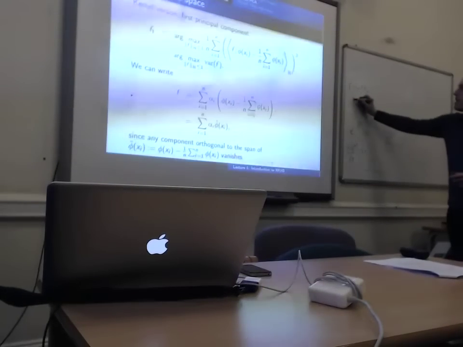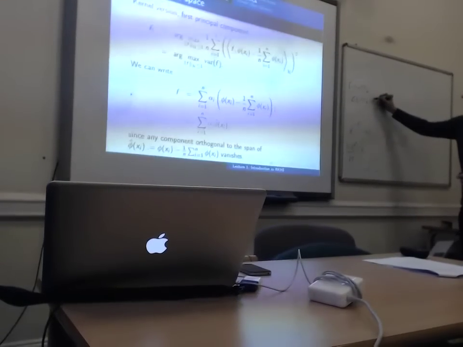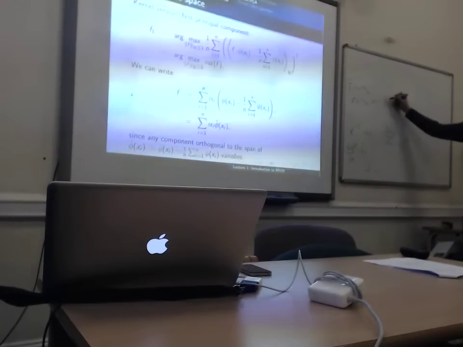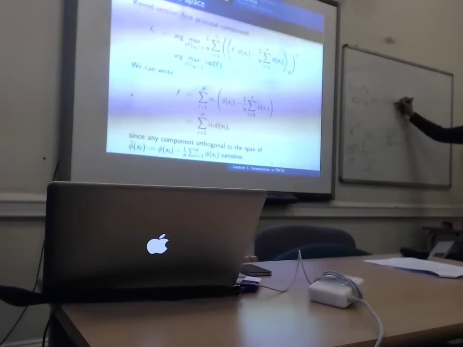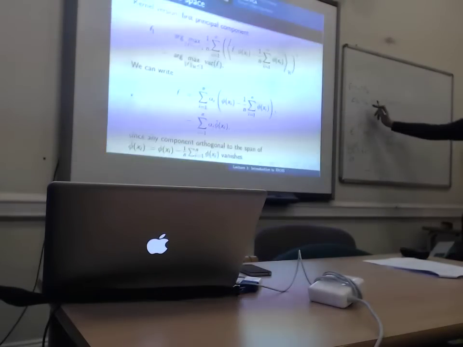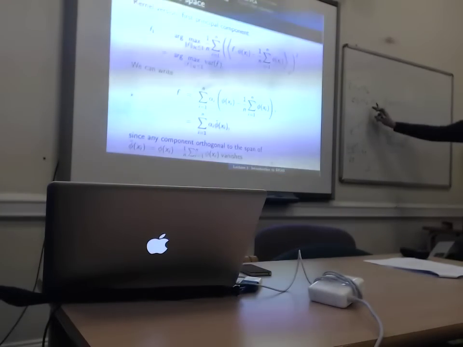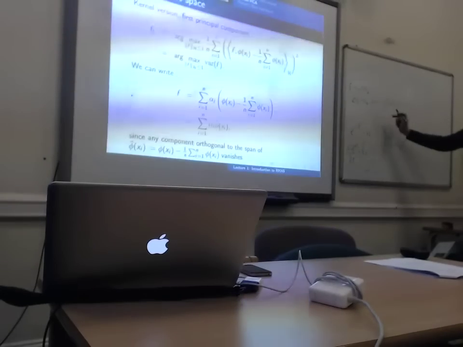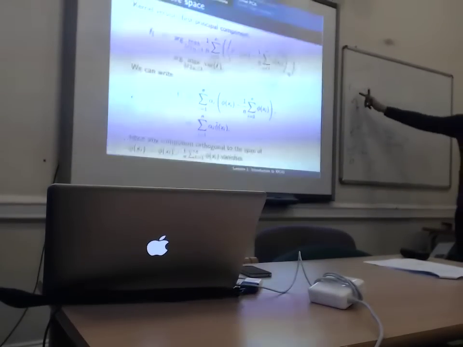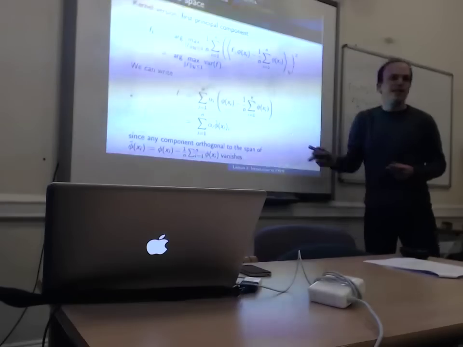Then when I take f parallel plus f perpendicular inner producted with phi xi minus the sum over phi xj, this component here, inner producted with this, is going to be just 0, because it's orthogonal to all of these components. So I'm just going to be left with f parallel, which is the component of f that can be written as a linear combination of these points here, okay?